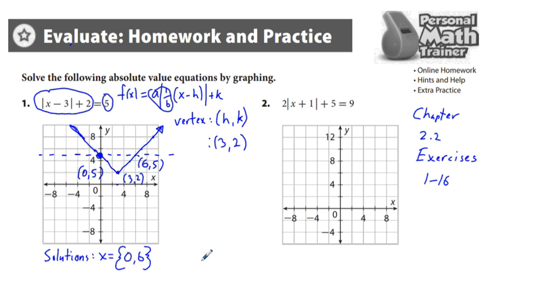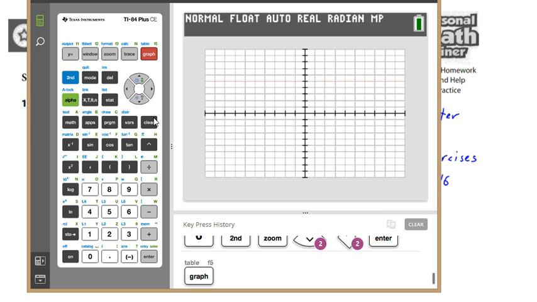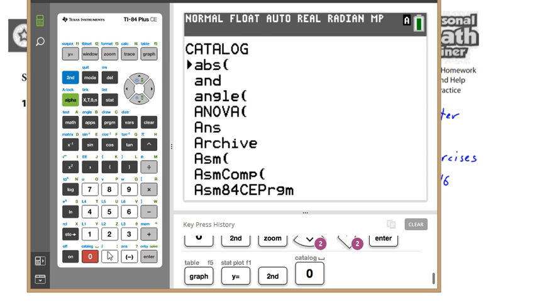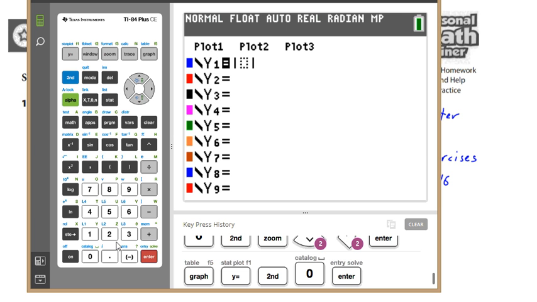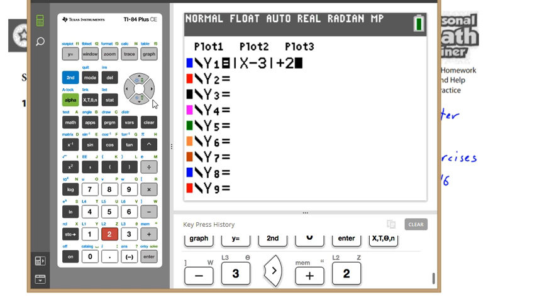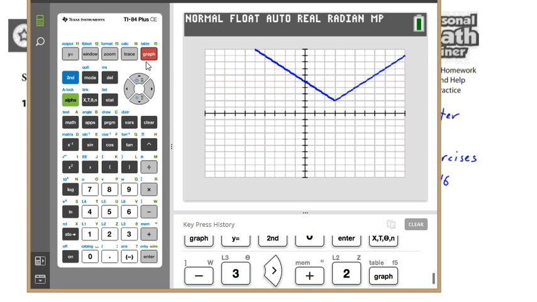The last thing I want to show, and it may be the only time I do this here, is in a graphing calculator. If we enter absolute value, I'll press second catalog, enter, we're going to put x minus 3, and outside here we're going to have plus 2, and graph, we get this.